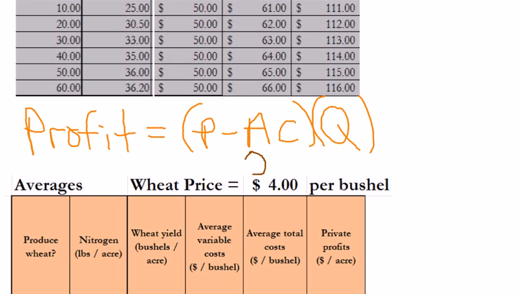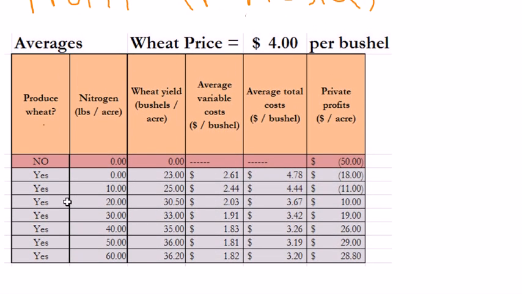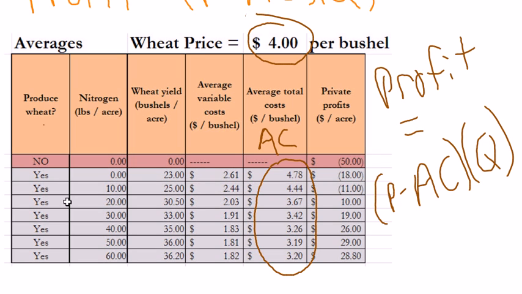Now to see why this may be important, look here. I want you to notice something. We saw that our wheat price that I gave you is just $4 per bushel. And then you know the average cost of production. And then you know that because the profit formula is this, price minus average cost times quantity, anytime one of these rows is less than 4, you can make money.